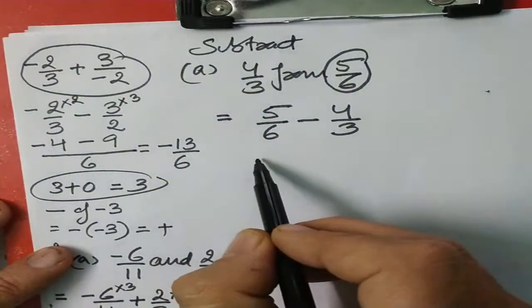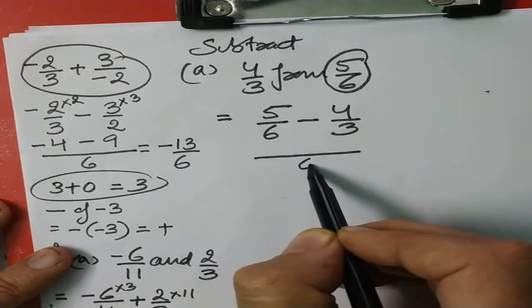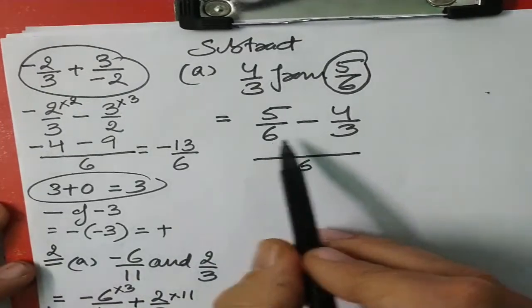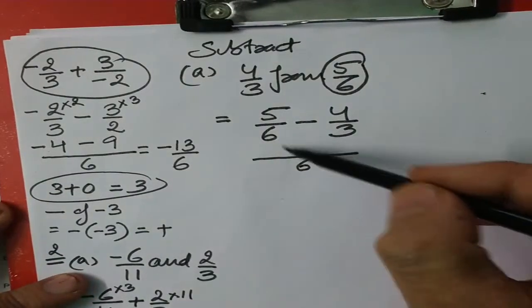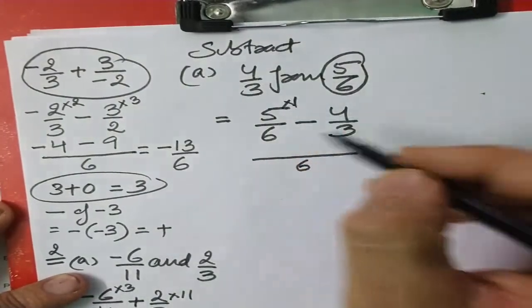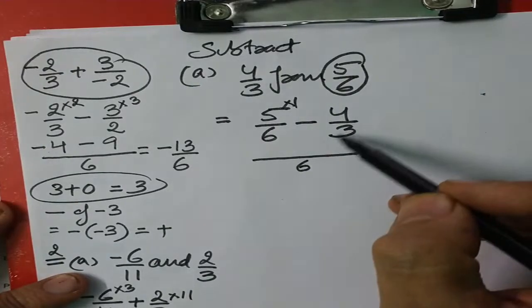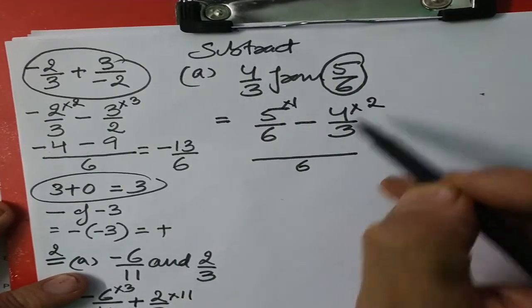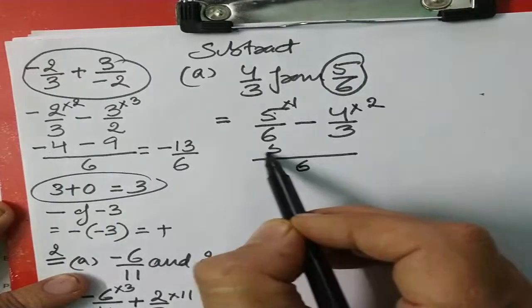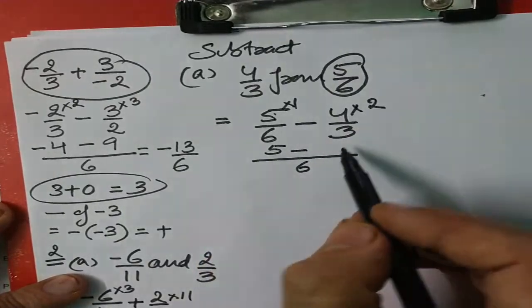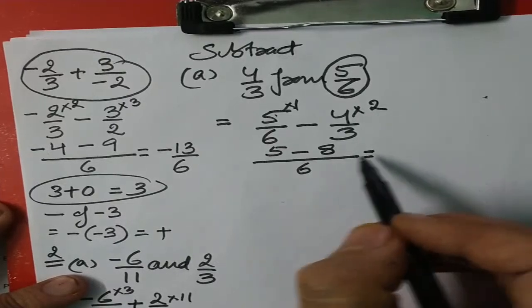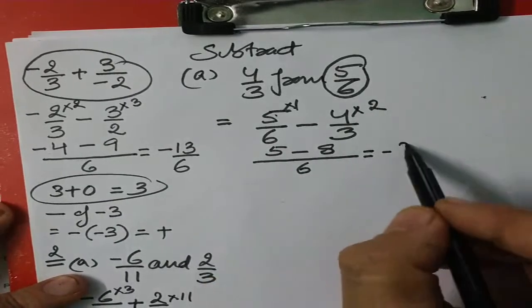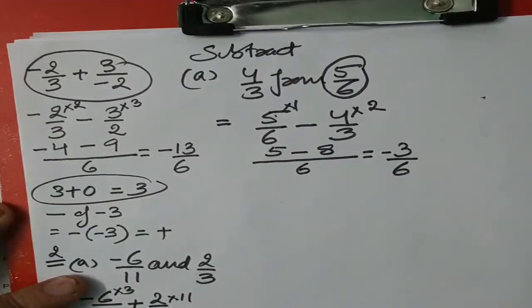Now you have to solve by the normal method by taking LCM. LCM of 6 and 3 is 6. 6 will divide 6, 6 ones are 6, so it will be into 1. 3 will divide this, 3 2s are 6, so it will be into 2. 5 into 1 will become 5. Minus 4 into 2 will become 8. So now the number will become 5 minus 8 is minus 3 upon 6.